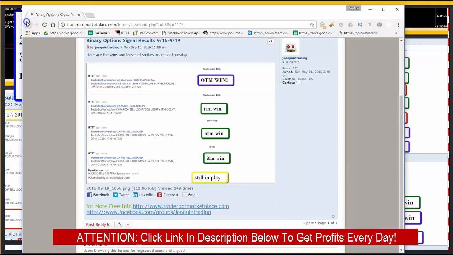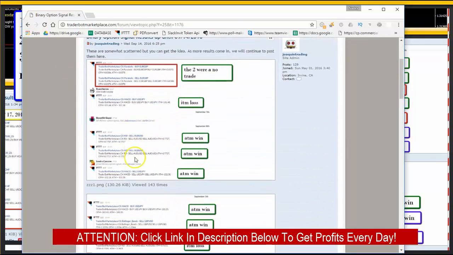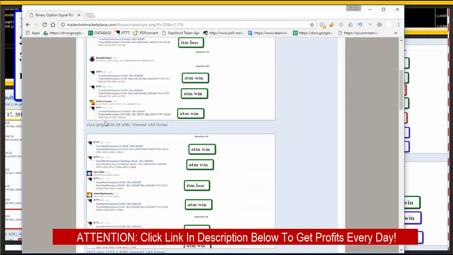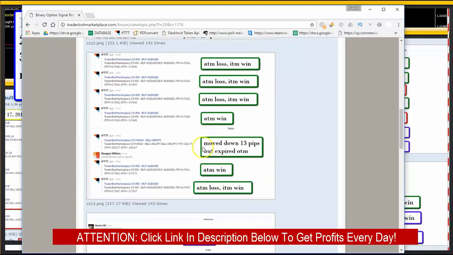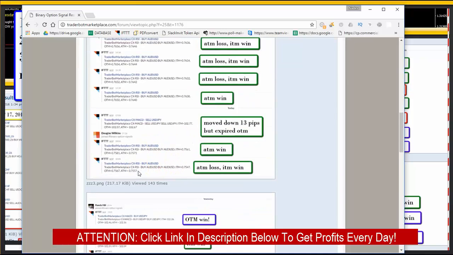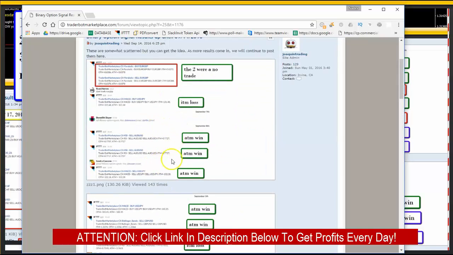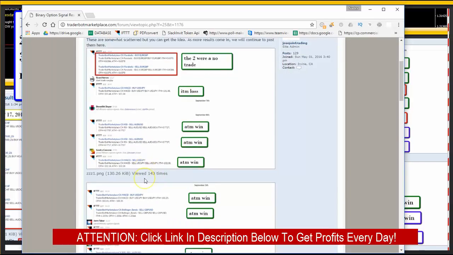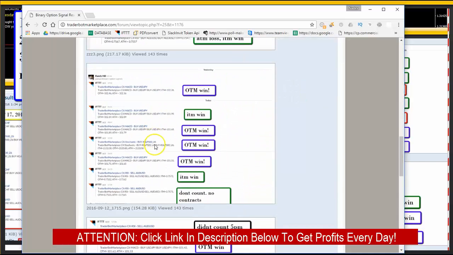And then here's one before. Back here, I think I was looking at ATMs. I don't know if these are OTMs or not, but you can go in there and do your own research. If they're not color coded, I'm not even looking at them.